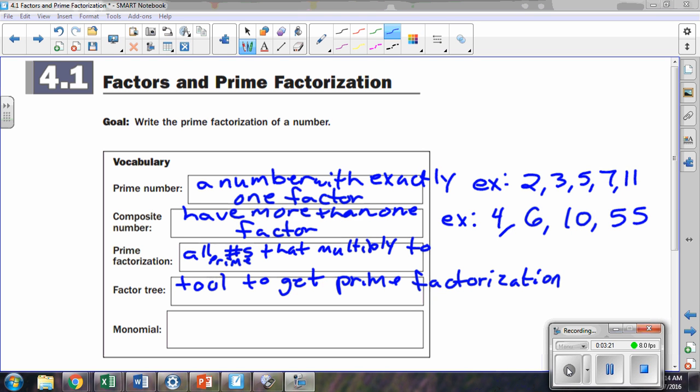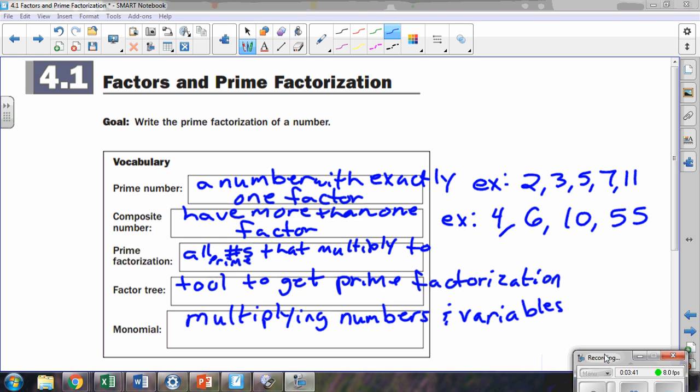Of course, if we're going to create a factorization, we have to know what it is. We have a series of multiplication for numbers and variables. That's a monomial.